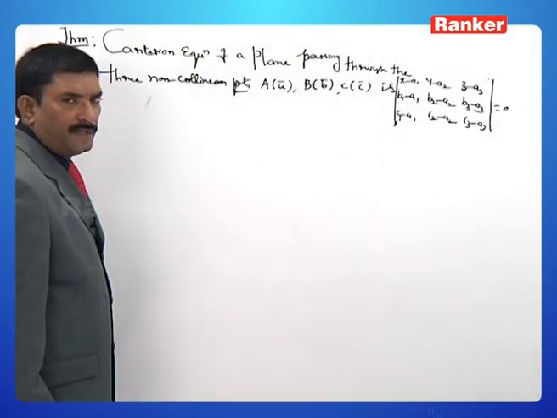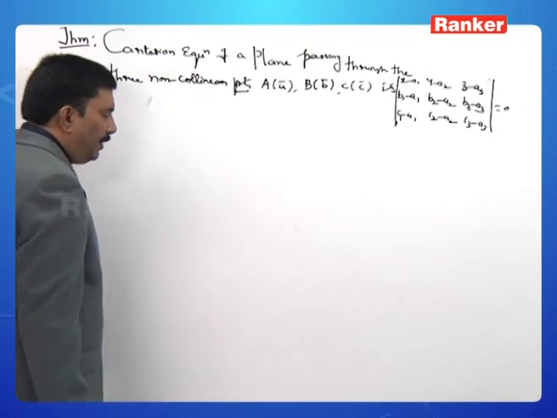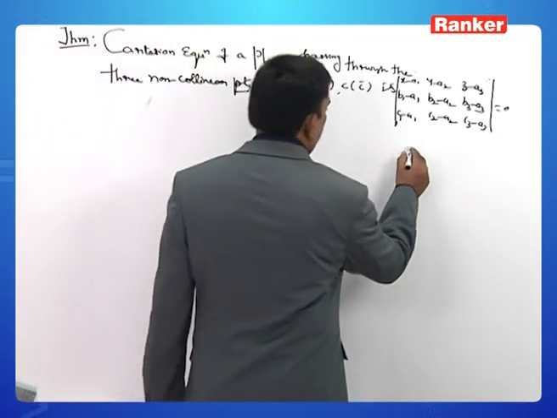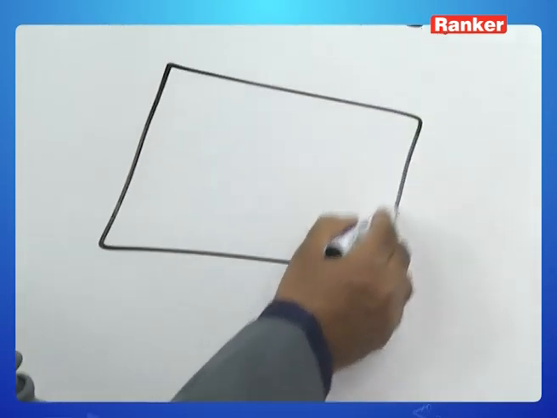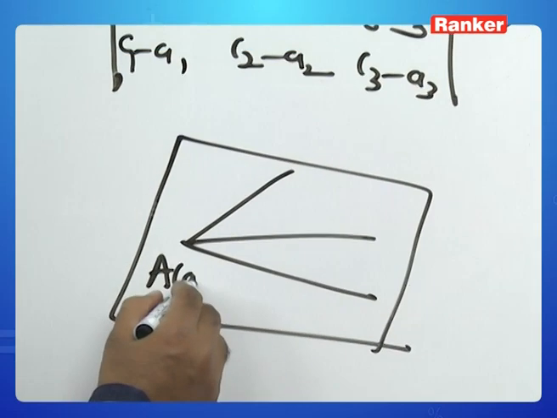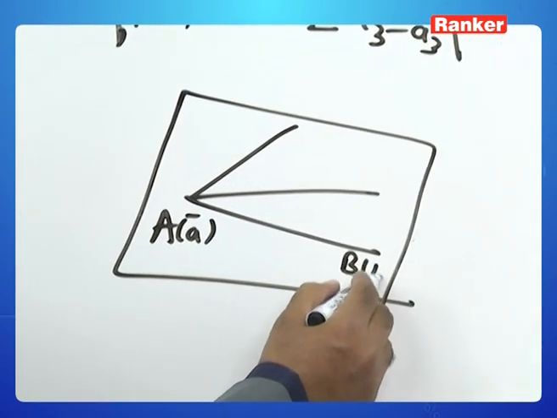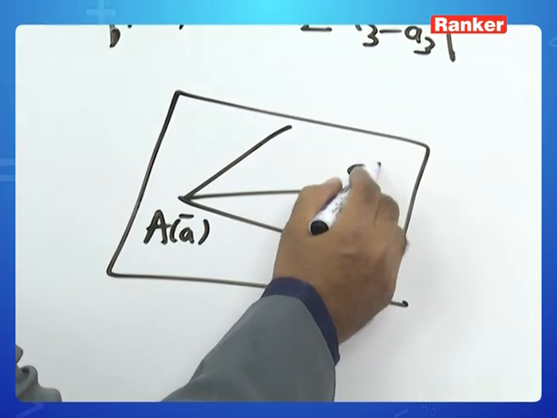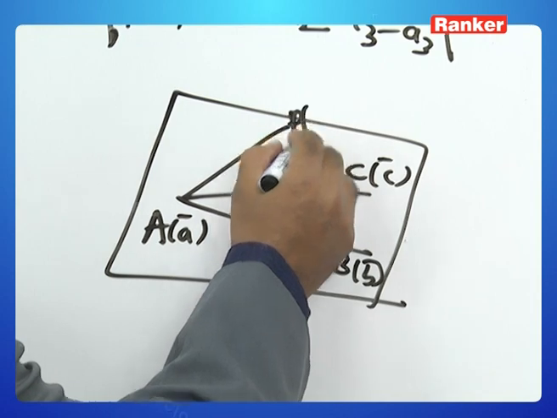Now if I take the same figure, a plane passing through three non-collinear points A of A bar, B of B bar, C of C bar.